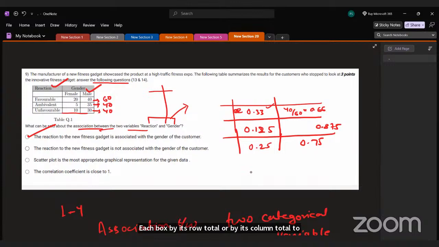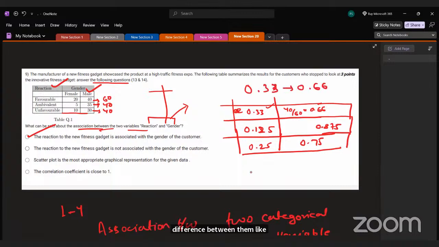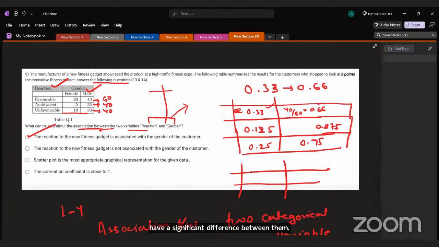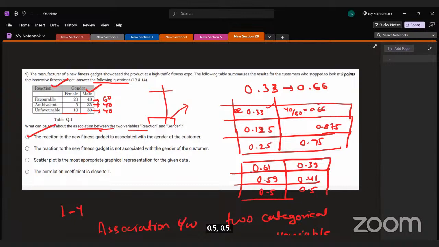On doing this with every box, if these values have a significant difference between them, like 0.33 and 0.66, then they are associated. But if instead we had something like 0.61, 0.39, 0.59, 0.41, 0.5, 0.5, there's no significant difference between these values, so these are not associated.